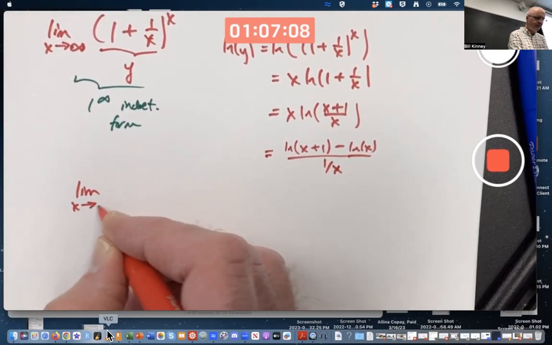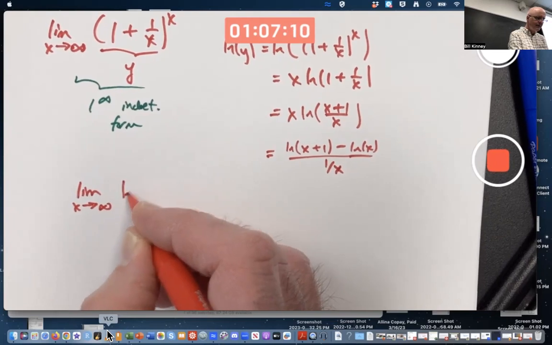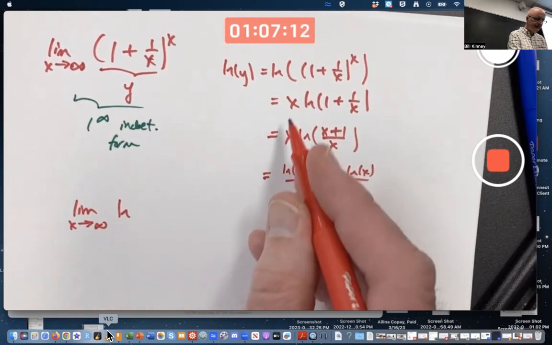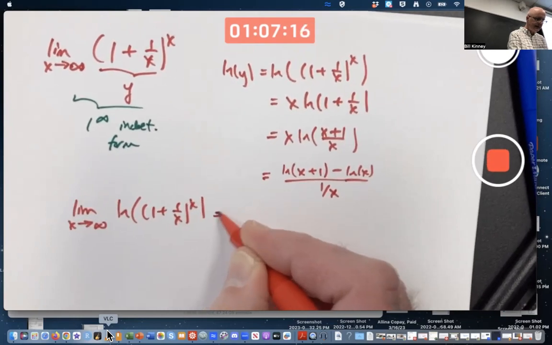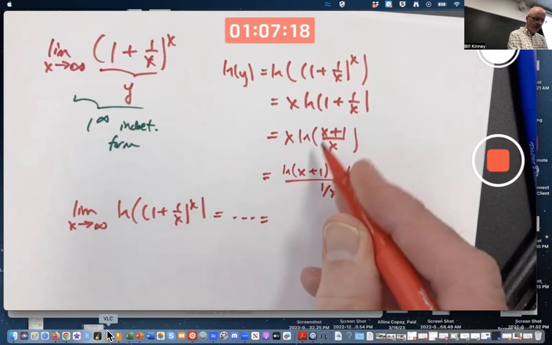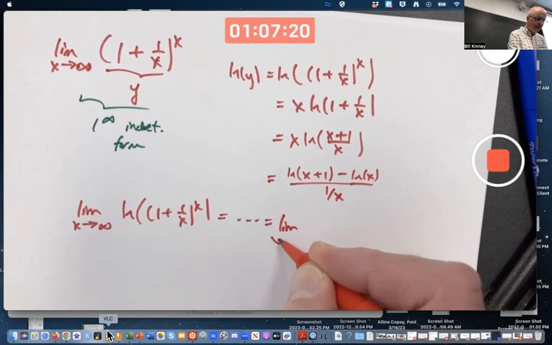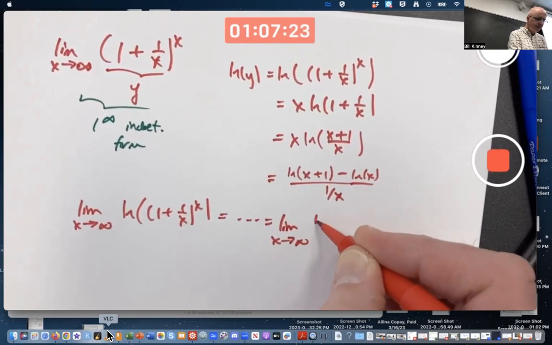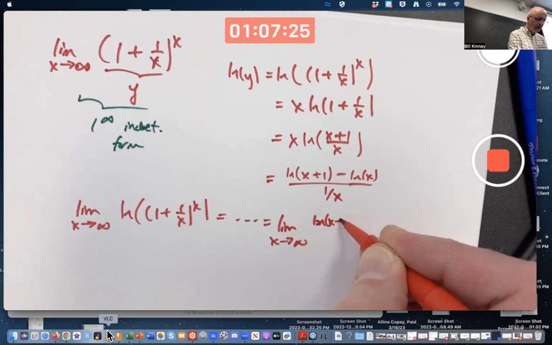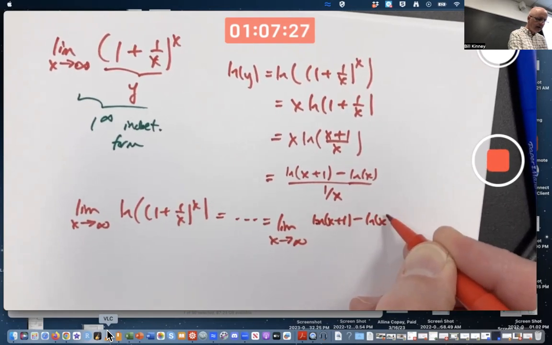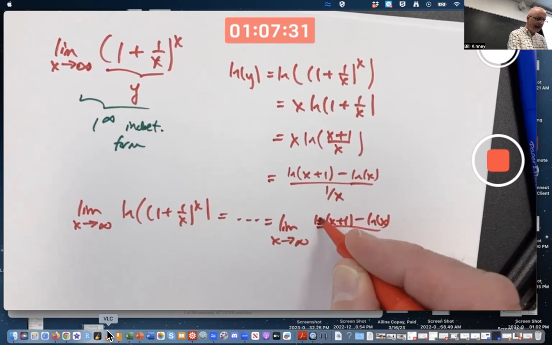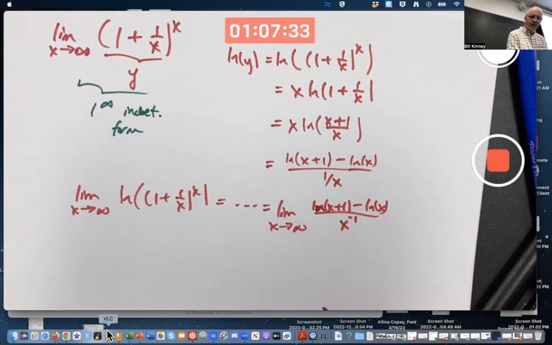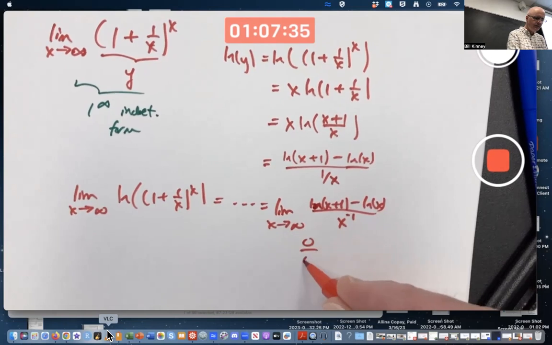We're letting x go to infinity. The natural log of y, the natural log of this thing. Once again, rewrite that like this. It may not look like it, but this is now a 0 over 0 indeterminate form.